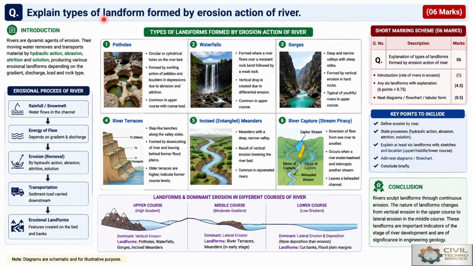Then most important are the types of landforms: potholes, waterfalls, gorges, river terraces, then meanders and river capture. These are the six landforms, or we can say the types with reference to the river's birth stage, maturity stage and old stage.